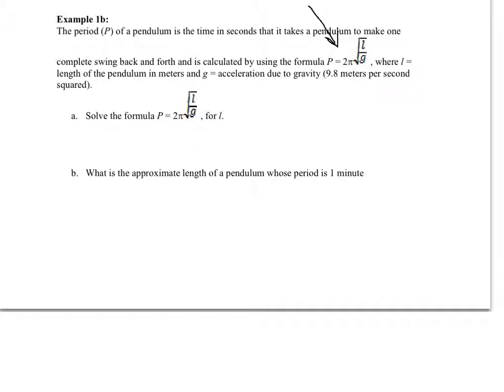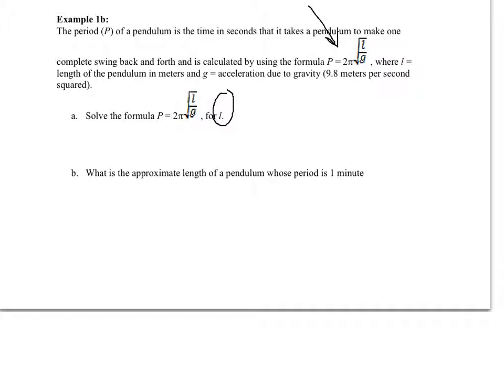That typically will always be given to you. In this case for metric, it's 9.8 meters per second squared. So we're going to solve the formula P equals 2 times pi times the square root of L over G for L. In other words, we want L on one side of the equal sign and everything else on the other side.